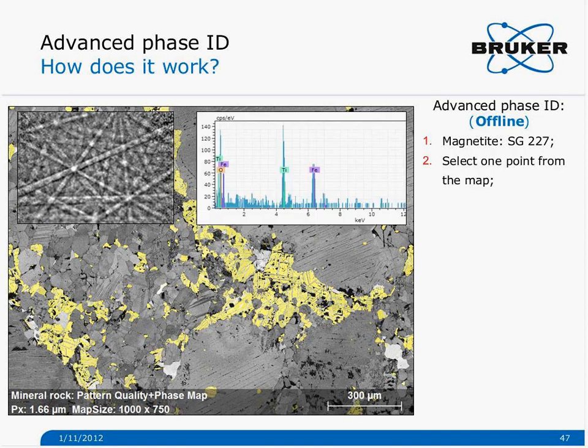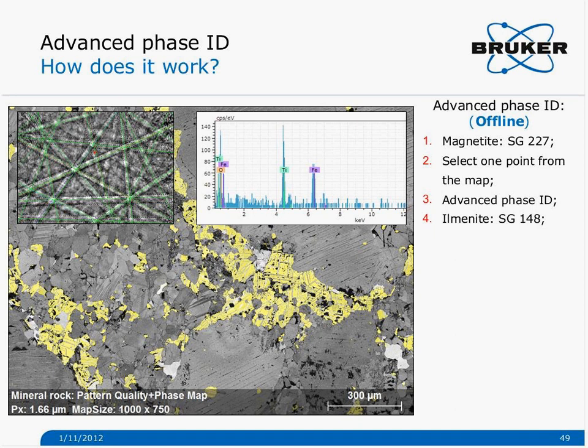So, one example: instead of using the advanced phase ID online, going with the beam, so acquiring a spectrum and a pattern from a particular particle in the sample, you just move the cursor in the map and select one spot, and immediately you will have access to the spectrum and pattern corresponding to that spot, and you will then apply the advanced phase ID.